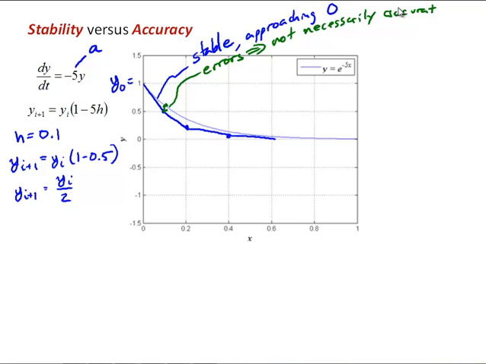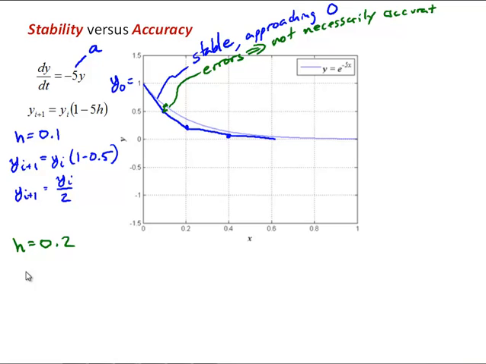But here we just want to look at how the stability depends on the step size. So for h equals 0.1, we get a numerical solution that reflects the decaying behavior of the analytical solution, and it is stable.